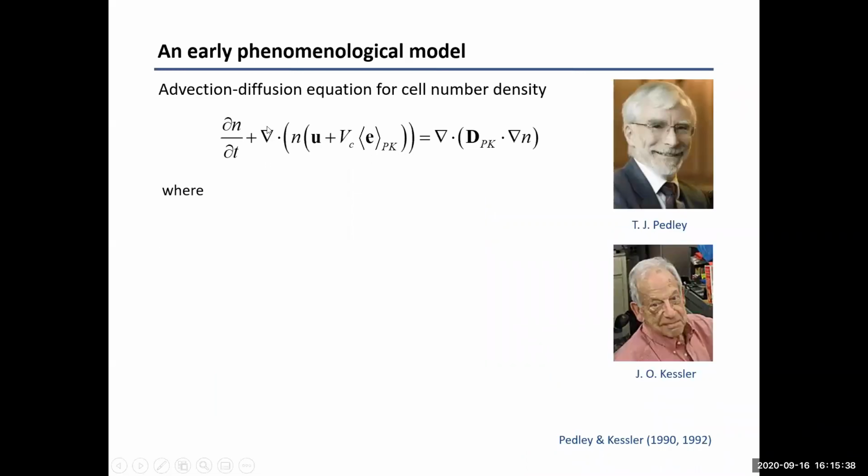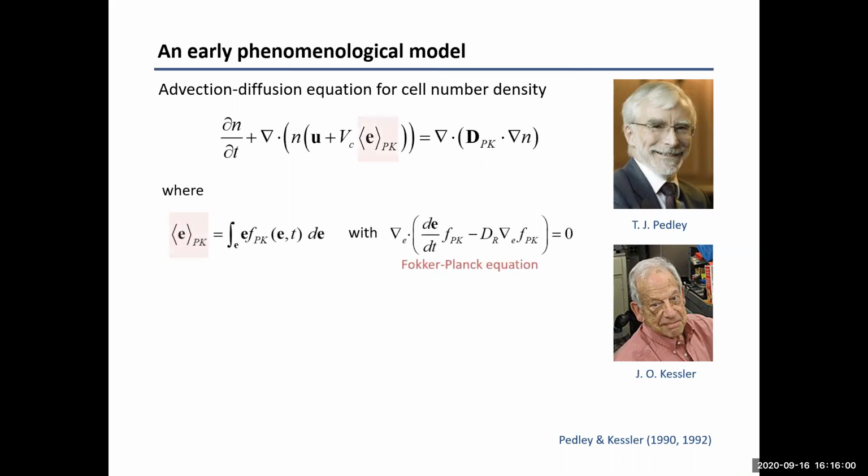So the early model introduced by Pedley and Kessler utilized this relation very well. This is the advection diffusion equation they introduced for their model in 1990. Here you see that the V, E bracket term is the average swimming velocity, that is typically obtained by solving the Fokker-Planck equation, which deals with the randomness in the orientation motions. So the E bracket gives you the ensemble average of the swimming direction.